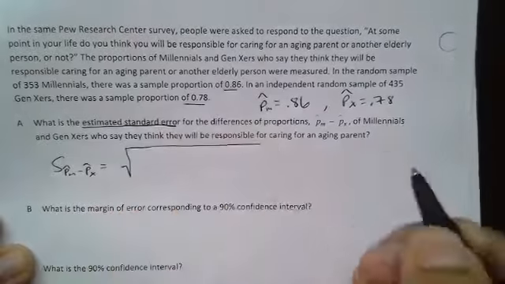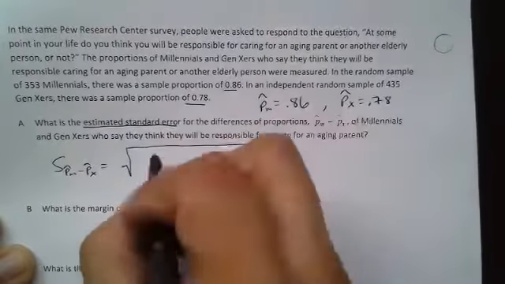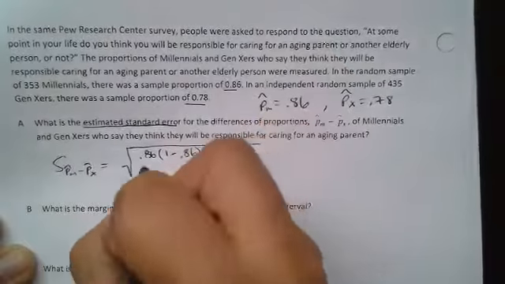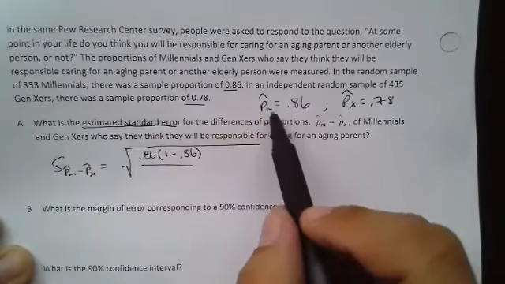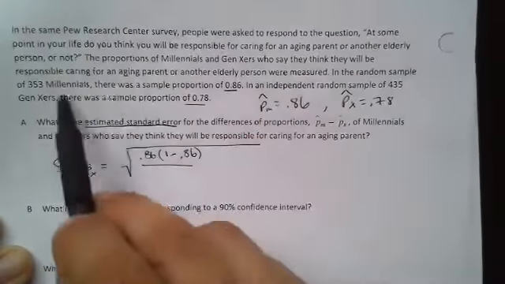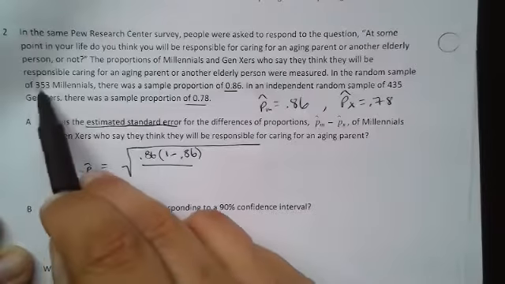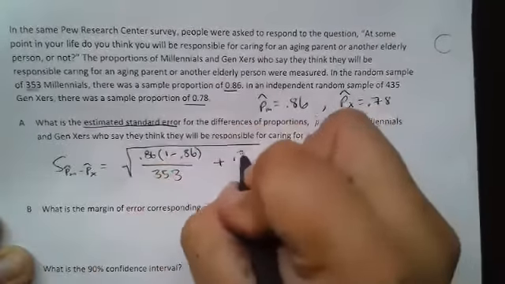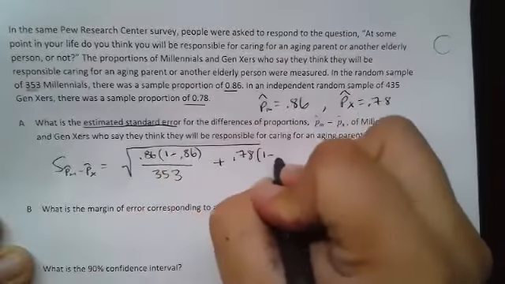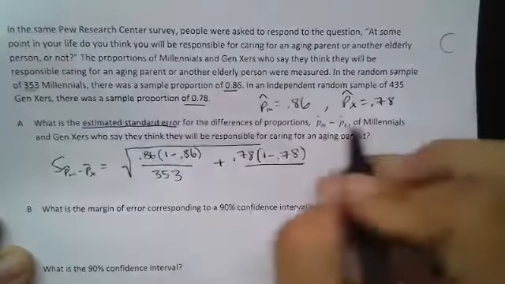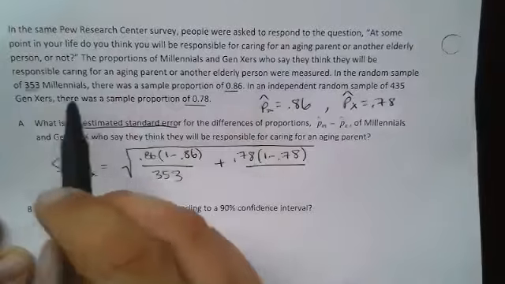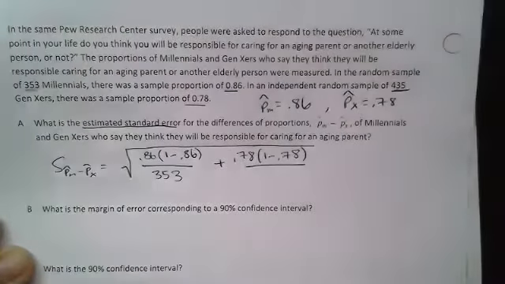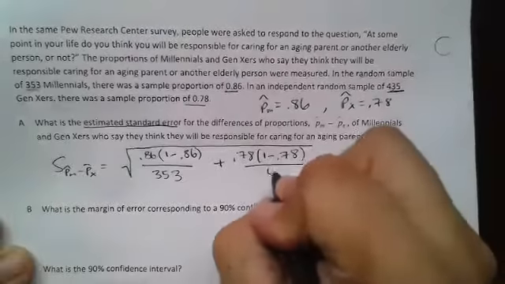The long one. So it's 0.86 times, we should be memorizing this thing, right? But what's the number of millennials? 353. Plus 0.78 times the quantity 1 minus 0.78, divided by the number of Gen Xers, which is 435.